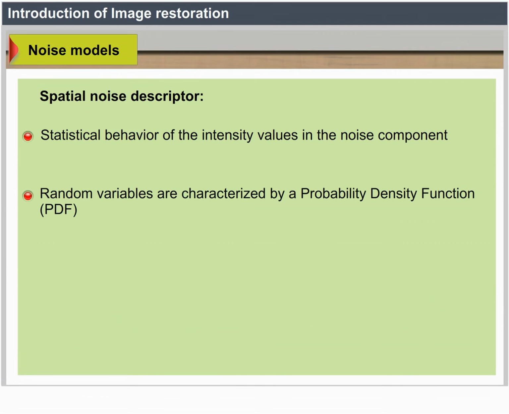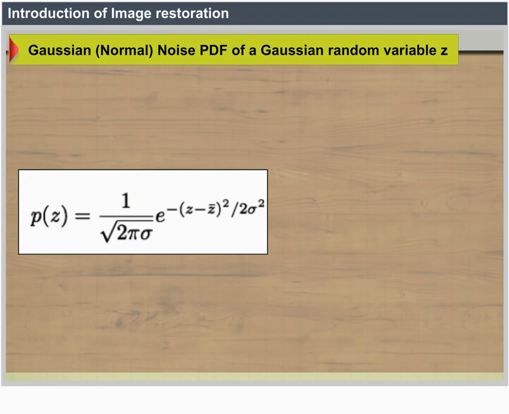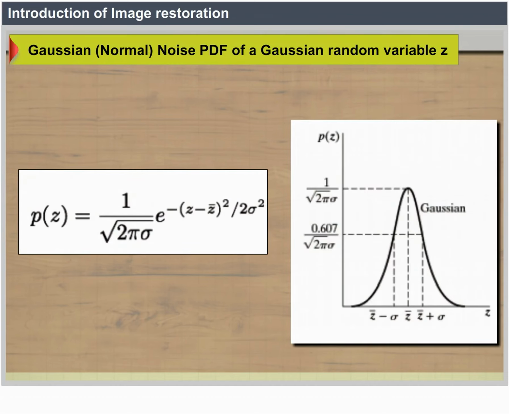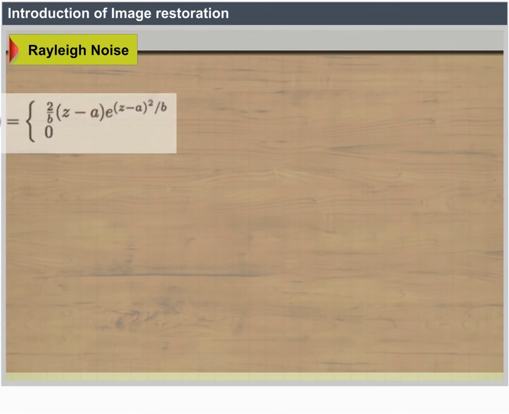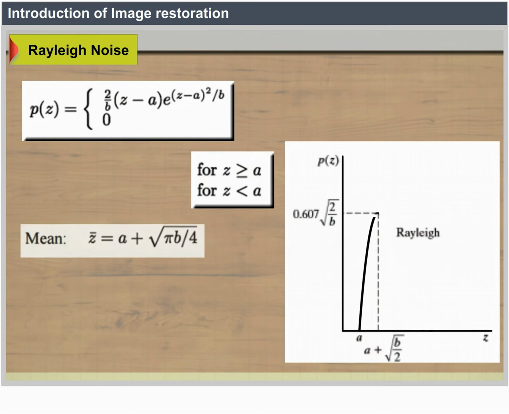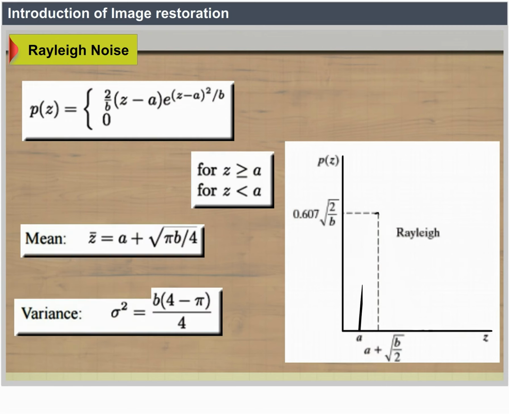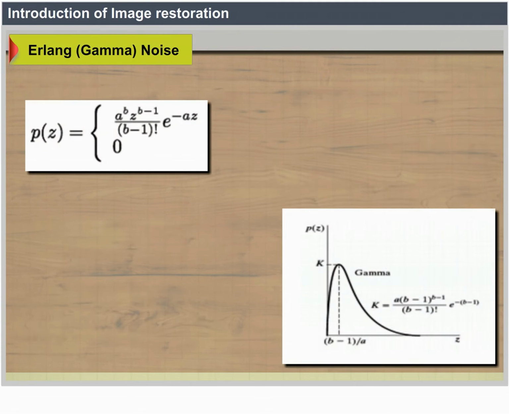Spatial noise descriptor: statistical behavior of the intensity values in the noise component. Random variables characterized by a probability density function, PDF. Some important noise probability density functions. The Gaussian (normal) noise PDF of a Gaussian random variable z is represented on the screen. The Rayleigh noise equations are also shown. The Erlang (gamma) noise equations are also shown.